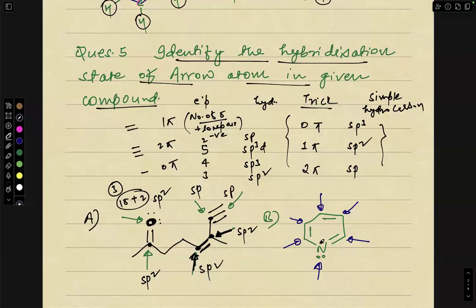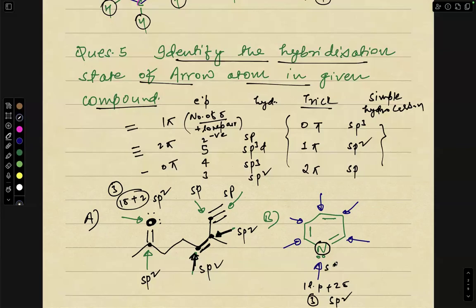Okay. What about this nitrogen? Yes, we have 1 lone pair plus 2 sigma. So total 3 electron pair. So 3 means sp2.